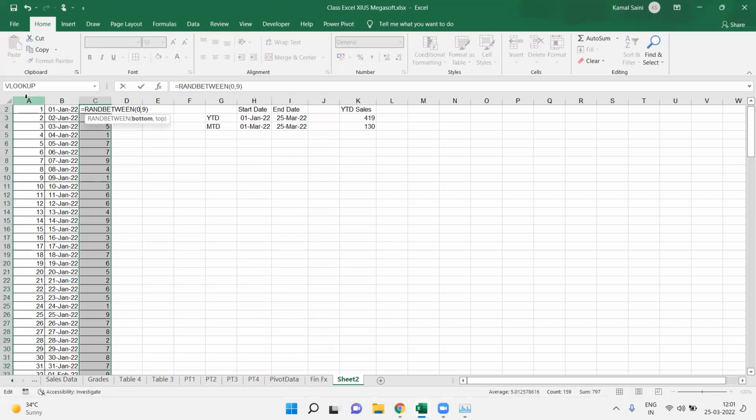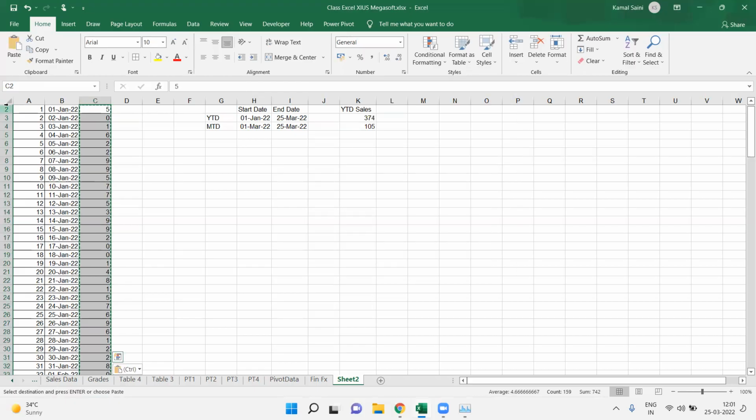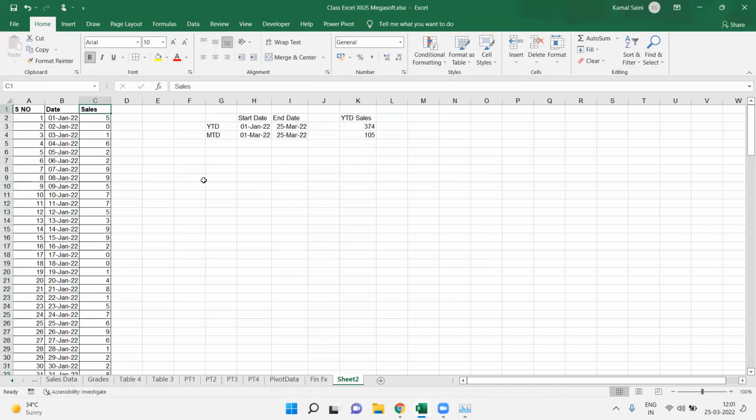It can be 0 also. So to make this, we have fixed the dates basically. You can even make it a little dynamic as well.